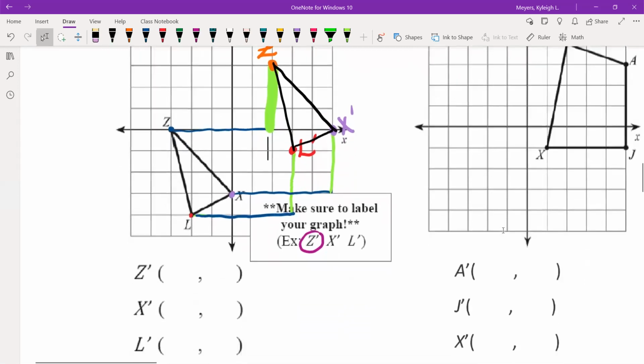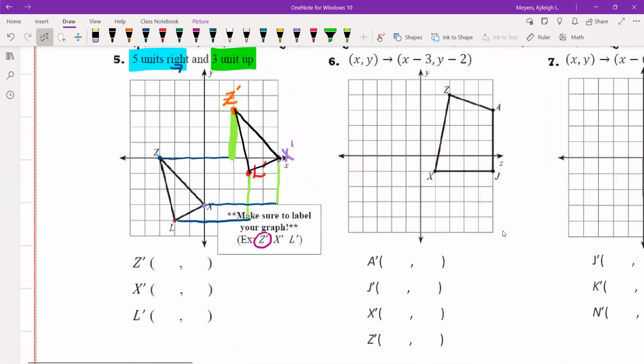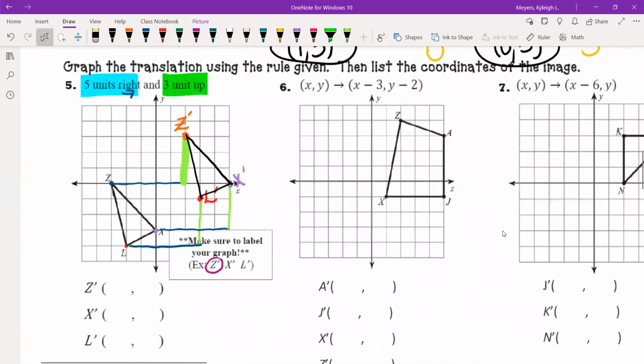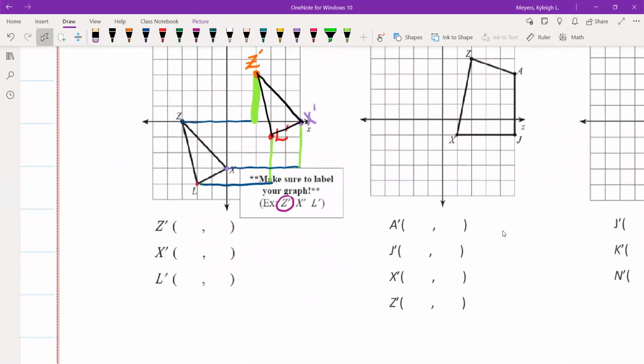Okay, the last part is to do the coordinates, right? Because it says graph the translation. Okay, we just did that. Then list the coordinates. Okay, so now where is Z at? Where is Z on the graph? What is this ordered pair? Well, it's 2, 3. So it's at 2, 3.